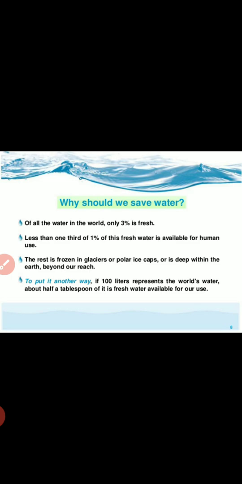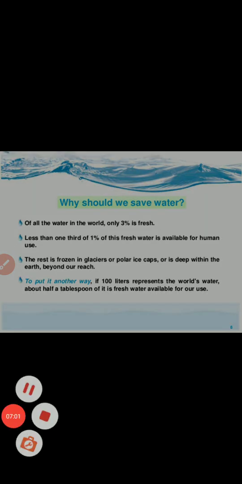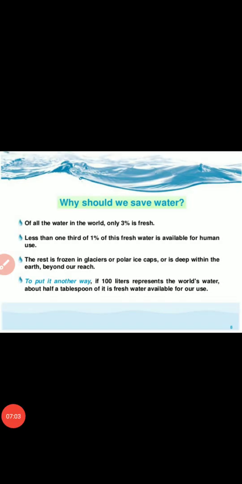The rest is frozen in glaciers or polar ice caps or is deep within the earth beyond our reach. To put it another way, if 100 liters represents the world's water, about half a tablespoon of it is fresh water available for our use. So a very small amount of water is available in our earth's crust.